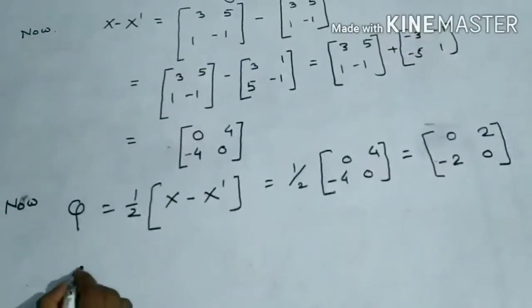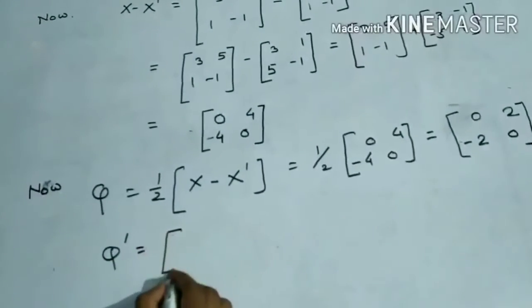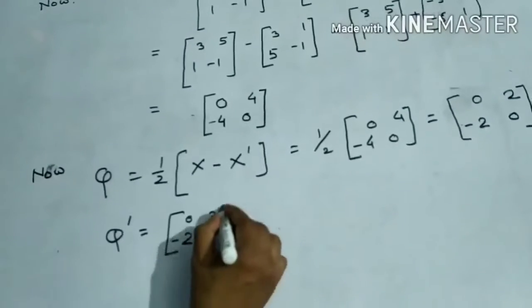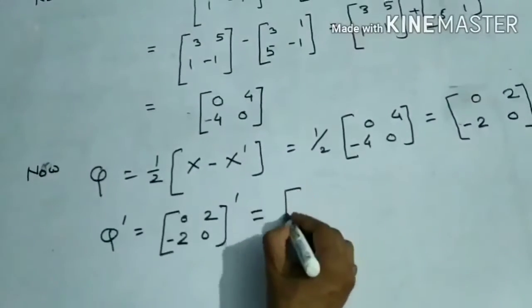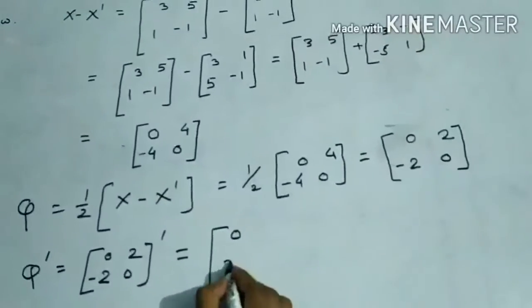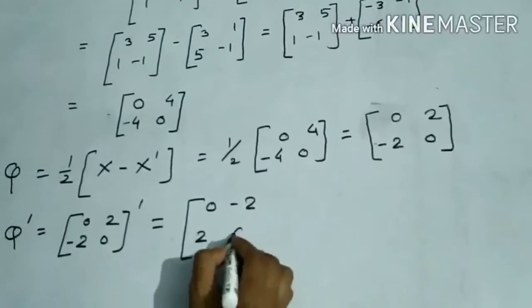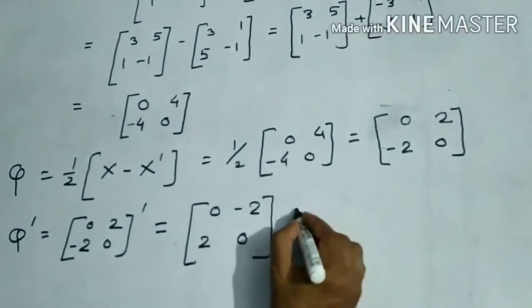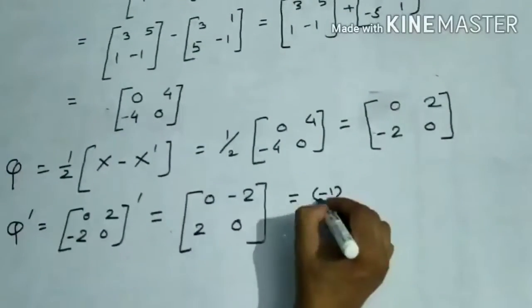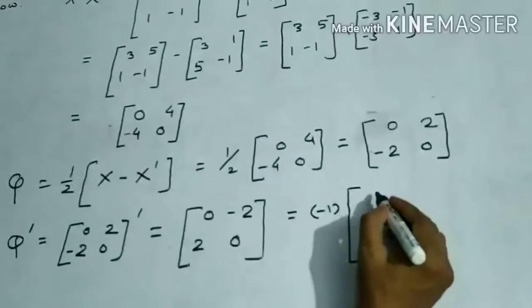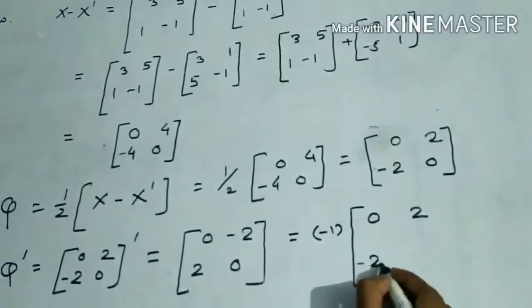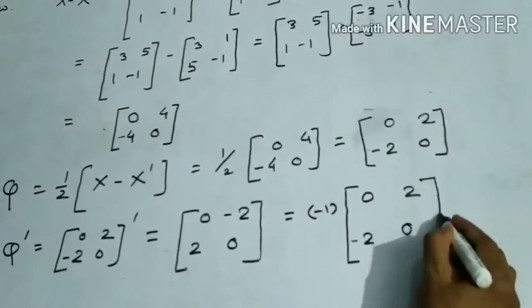After that we want to find the transpose of matrix Q. This is the transpose of [0, 2; -2, 0], which is equal to minus of [0, 2; -2, 0].